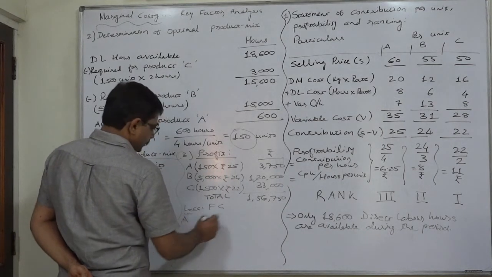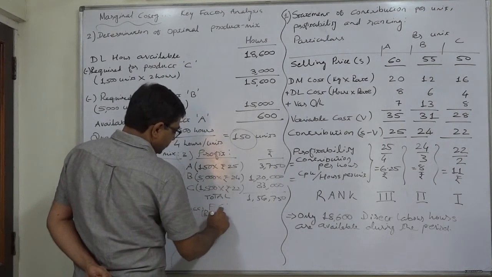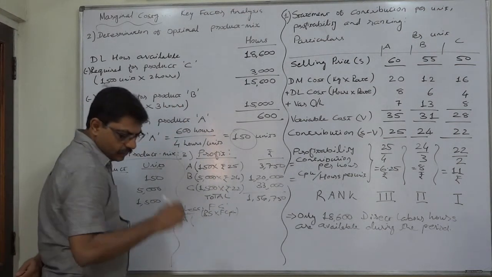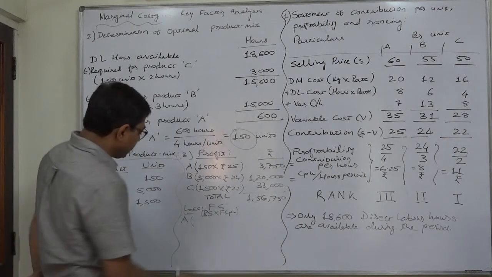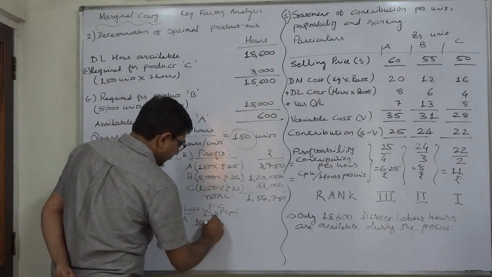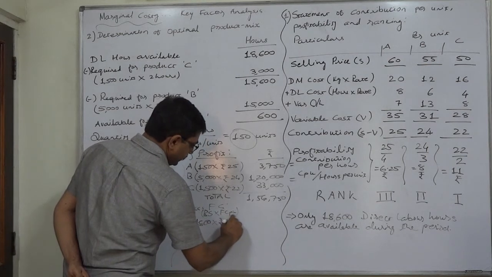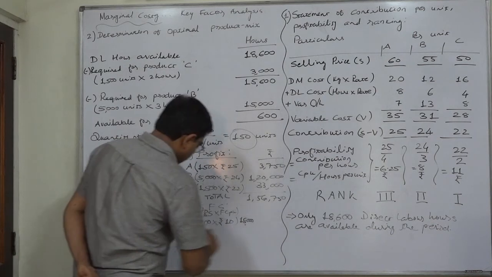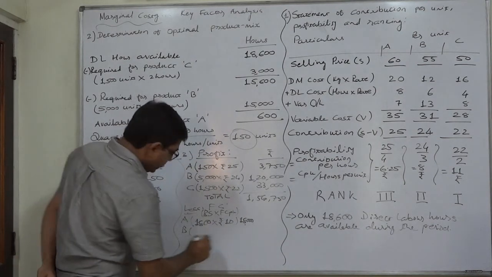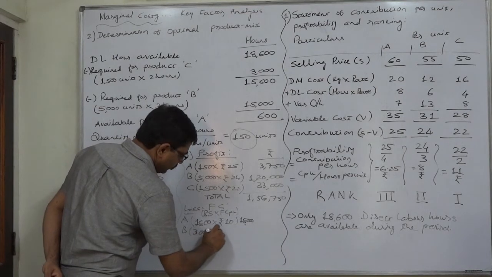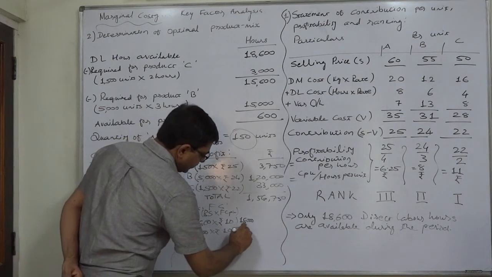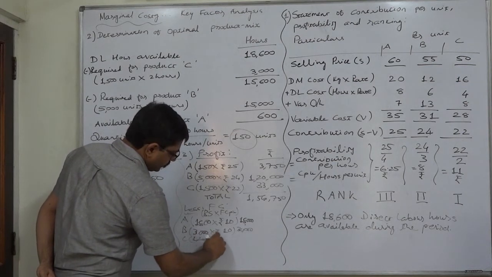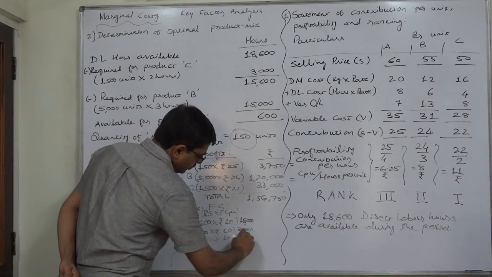Total amount of fixed cost: budgeted sales into fixed cost per unit will give us the total fixed cost. Budgeted quantity of A is given to be 1,800 in the question, into fixed cost per unit 10, that is 18,000. B, 3,000 units into rupees 10, 30,000, and C, 1,200 units into rupees 10, that is 12,000.